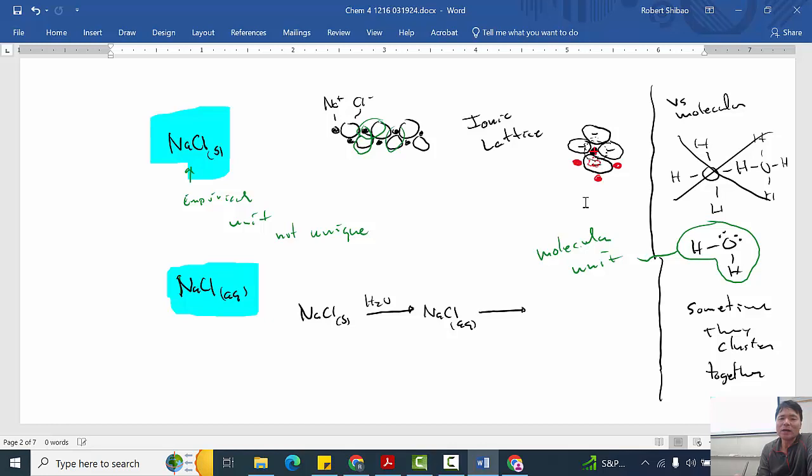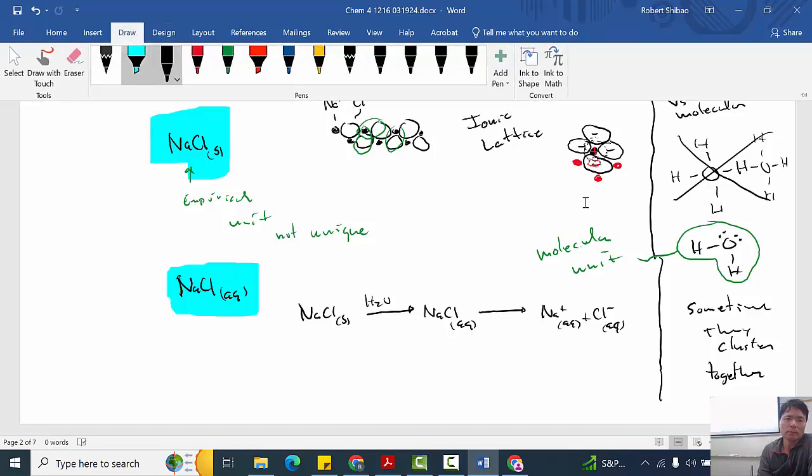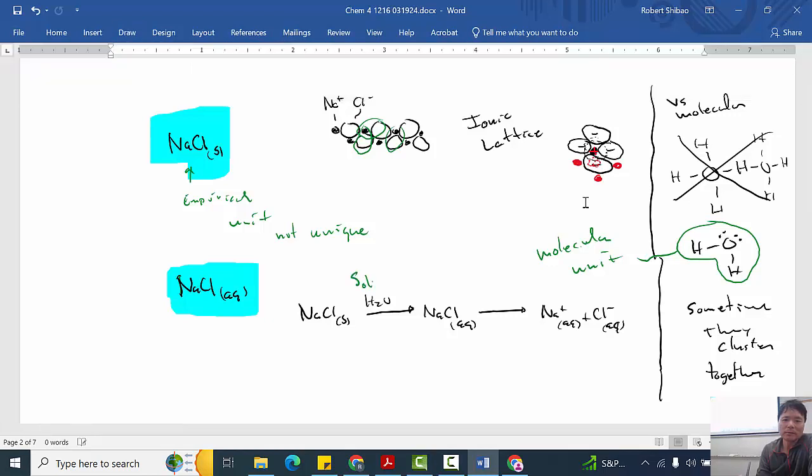It breaks apart into ions. And so the first arrow represents what we call solubility. It's soluble.